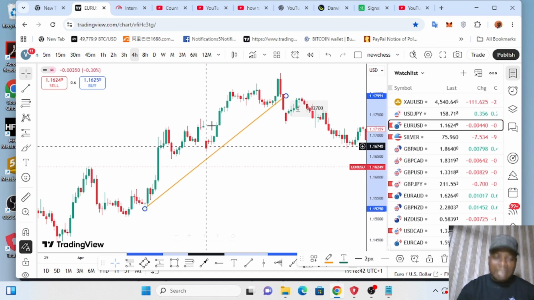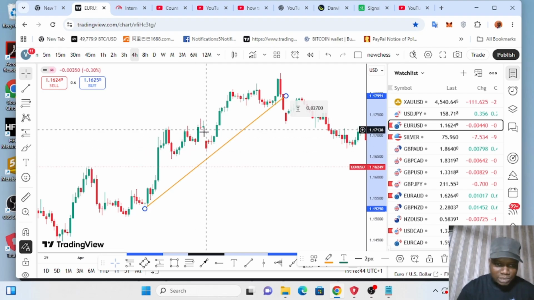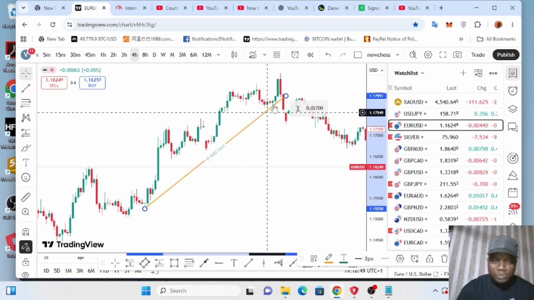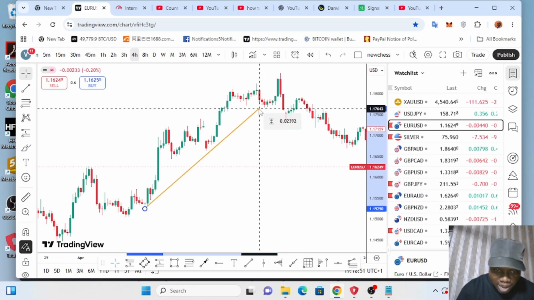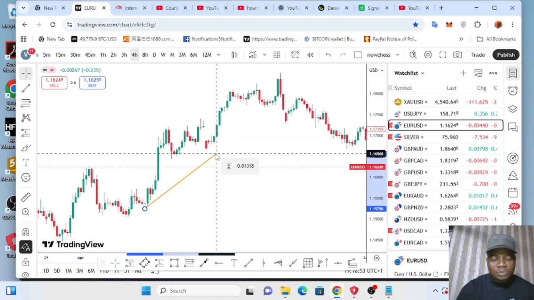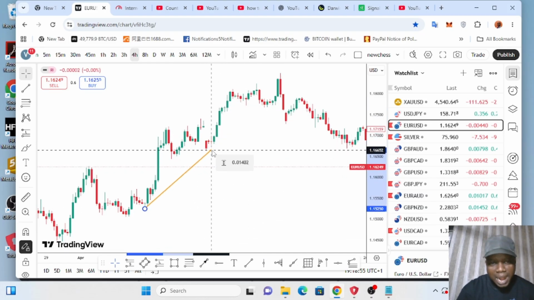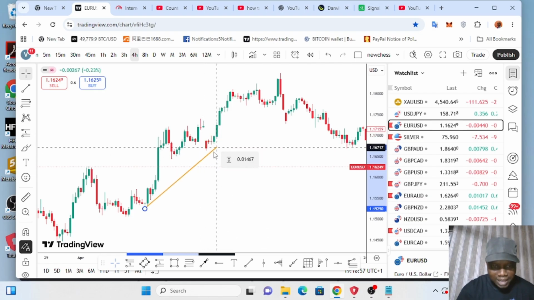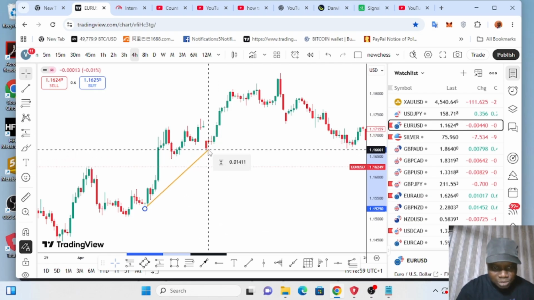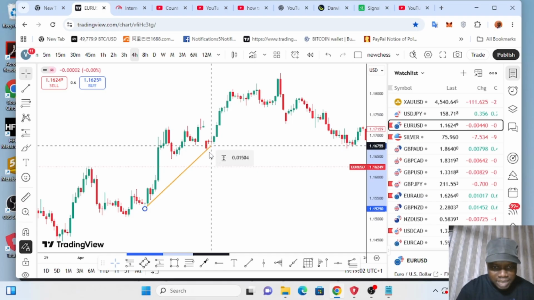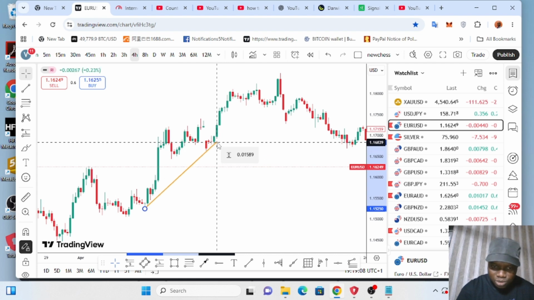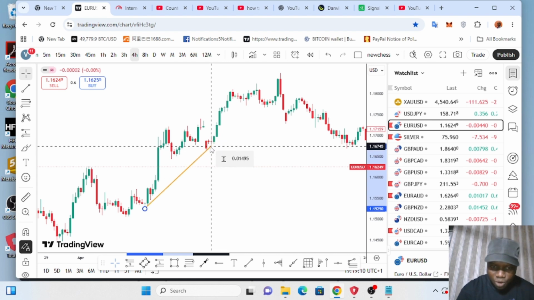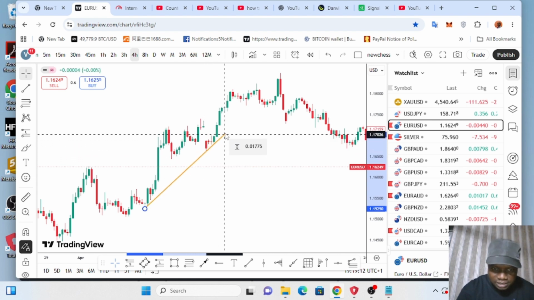Now, the second point, which you must ensure also breaks structure, must be on the closed candle, the closing price of that candle. If there are two candles side by side, just get their closing price. You are placing that trend line on the closing price, not on the wick. On the closing price. This is the closing price.